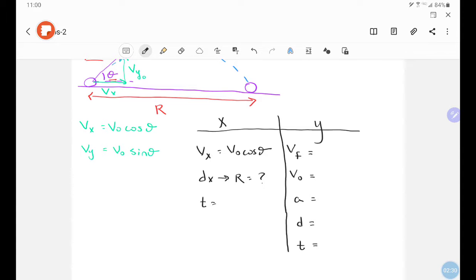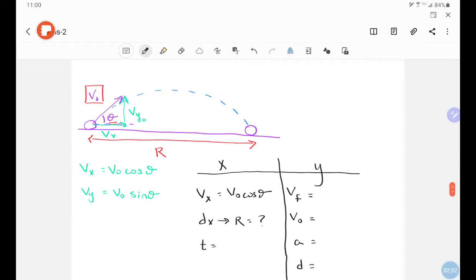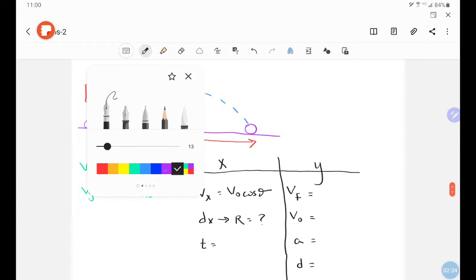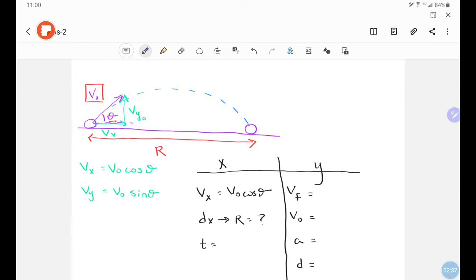Now, I'm going to notice my picture and make some observations. So I know something specific about the vertical velocity at this point. When the projectile is halfway through its motion, so when it has traveled from its starting position to its maximum height, this is half of the time.